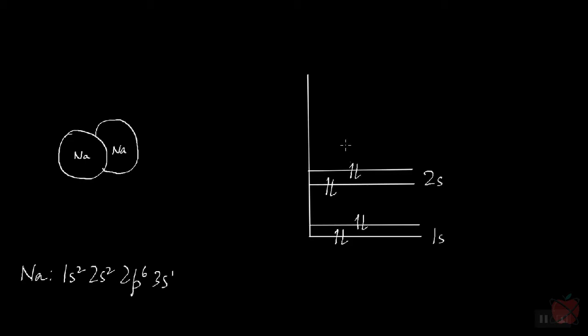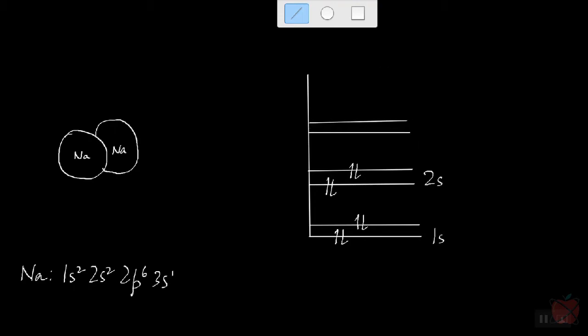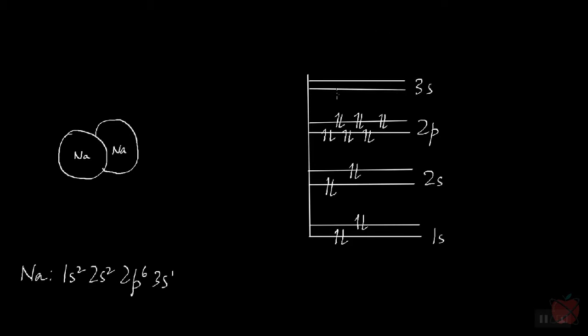Then we have the 2p orbital, with 6 electrons coming from the first sodium and another 6 from the second sodium. And lastly we have the 3s orbital, with one electron from the first sodium and the other from the second sodium.